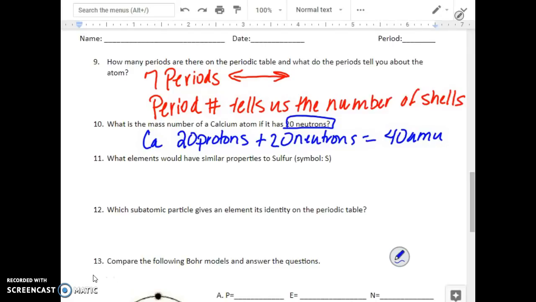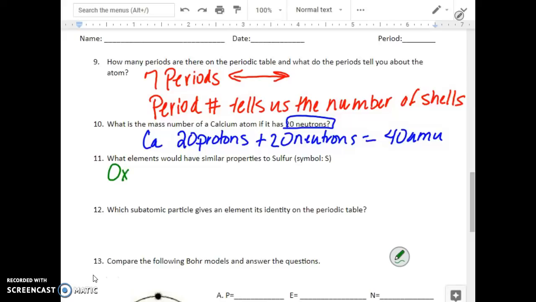Number 11, what elements would have similar properties to sulfur? If you go to your periodic table, you're going to look at sulfur. Sulfur is in group 6A, which means every element in this group has 6 valence electrons. So all of them will have similar properties to sulfur.